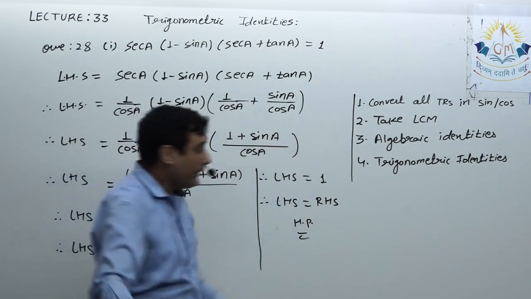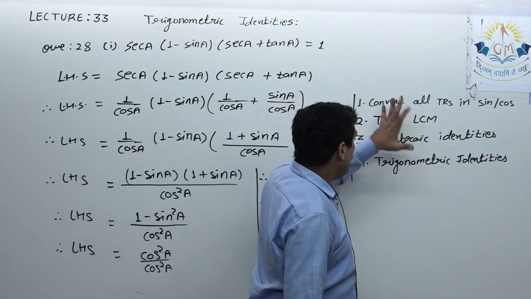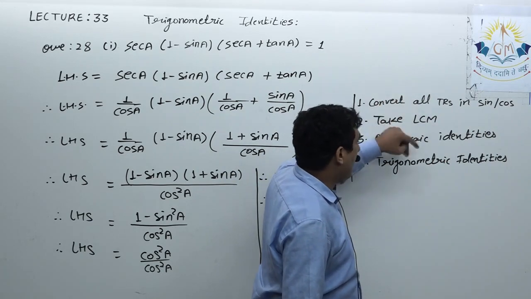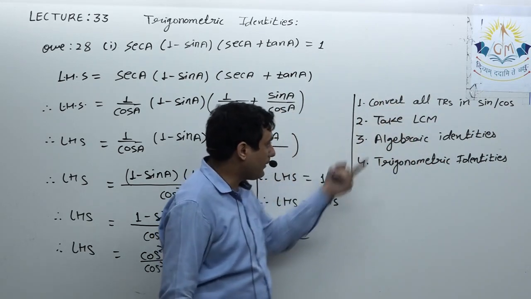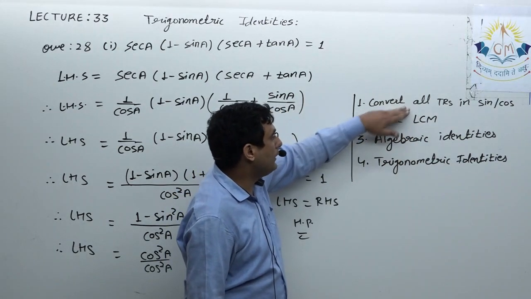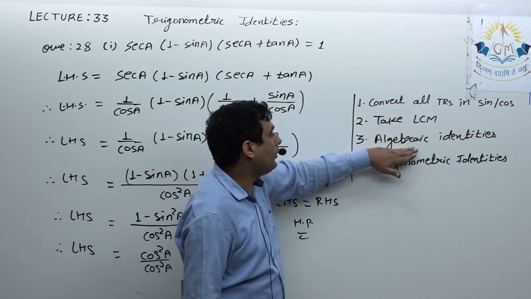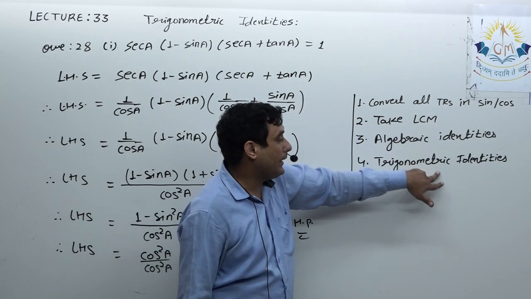Again I am repeating these four steps. They are not going to help you in order, but definitely whenever you get stuck on what to do next, one among these will help you. That means either you need to convert the ratios, or you need to take LCM, or you need to apply some algebraic identity, or you need to apply a trigonometric identity.